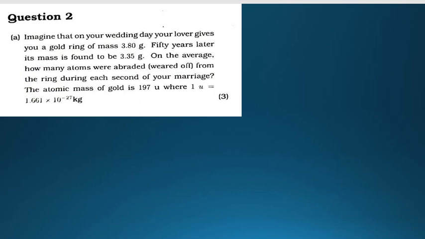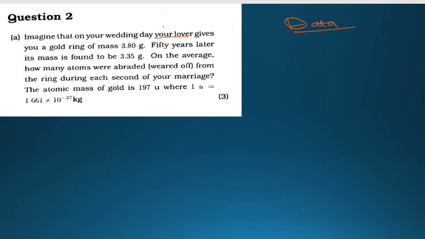Okay? Imagine that on your wedding day, I want to correct data. I like correcting data. Here, let me use white. On your wedding day, you guys who are in love, you are given a ring made of gold, which has a mass.